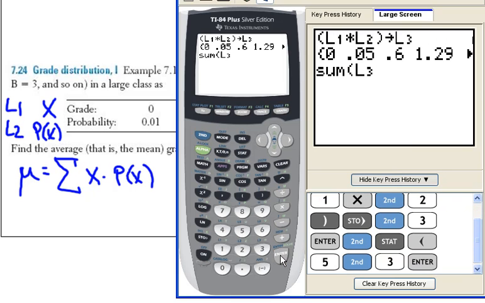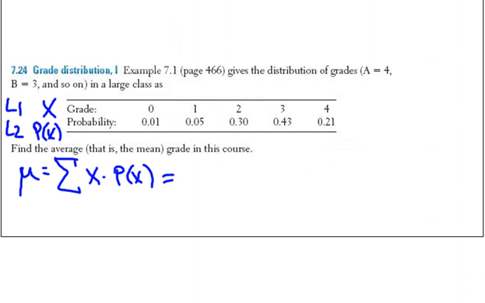When I hit enter, 2.78 is my mu. So this is the average grade in the class, and I'm going to do a second podcast to show you how to get the variance. But what I would do is jot down those calculator steps and actually sit with your calculator watching the podcast and do the steps. All right, not really complicated, just a new complicated looking formula.